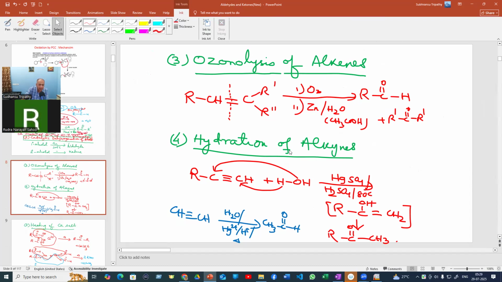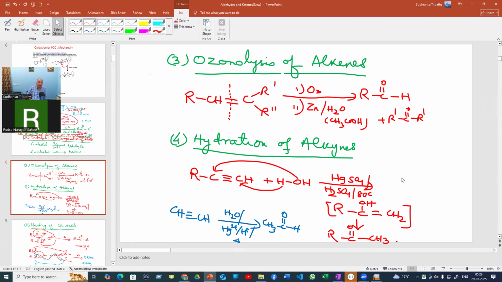This also, hydration of alkynes using mercuric sulfate, sulfuric acid, and mild warming, 80 degrees Celsius. You get enol, enol gets converted to keto form. It is only acetylene which gives acetaldehyde, but others give ketone.